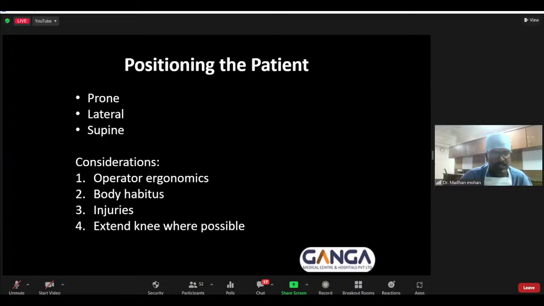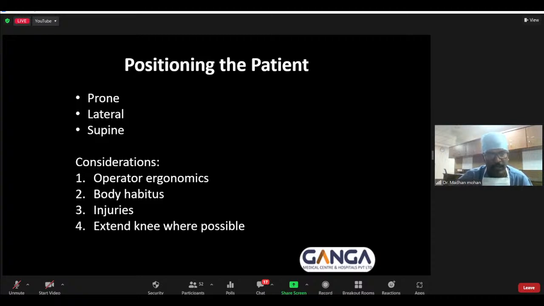Patient can be positioned in any one of the ways, either prone, lateral, or supine. Prone position offers the best ergonomics for the operator. But the problem with prone is that some patients, very obese or sick patients, cannot be turned prone. The attractive alternative for this is the lateral position, which is the most suitable alternative for both patient and operator.